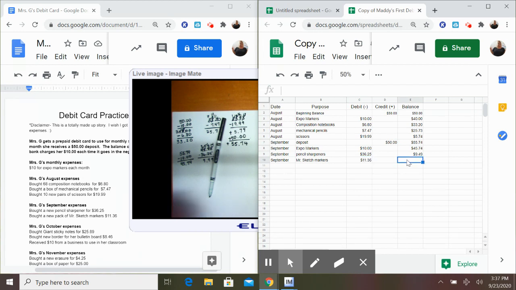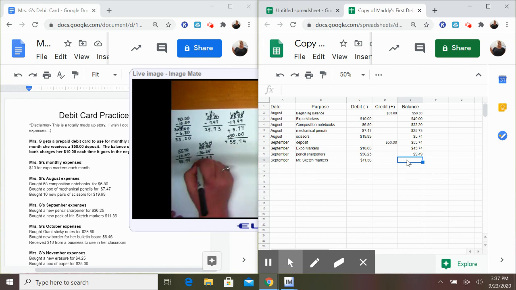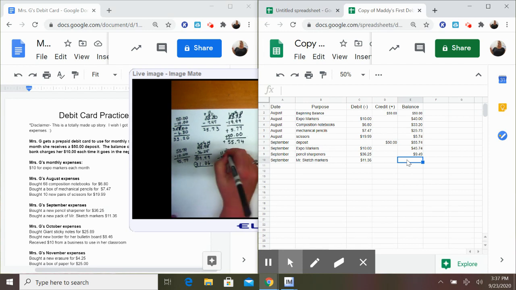My last balance was positive $9.49, and now I need to take away $11.36. Oh no. So if I wrote that like we're used to seeing it, this would be positive and this would be negative. And if my signs are different, that means I'm going to subtract. So 1136 minus 949. I need to flip it to make it work right in my head.